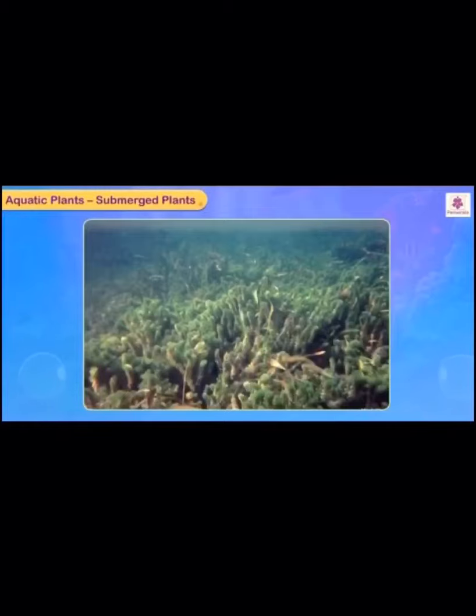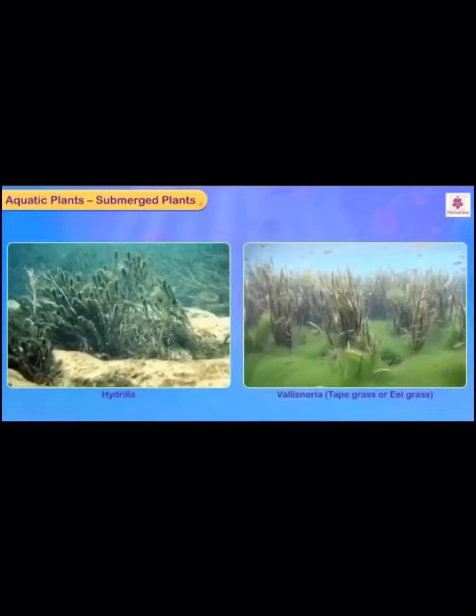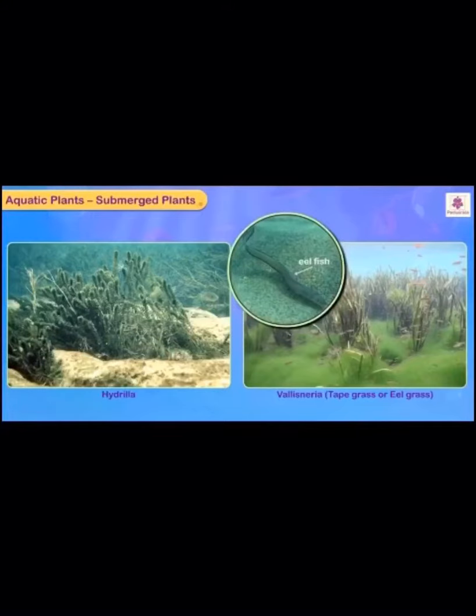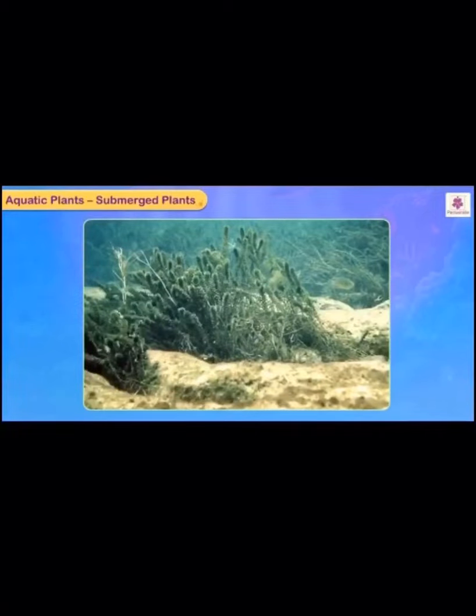B. Submerged plants. Freshwater plants such as Hydrilla and Vallisneria, also called tape grass or eel grass as it looks like the eel fish, grow fully underwater. These plants are fixed in the muddy soil.